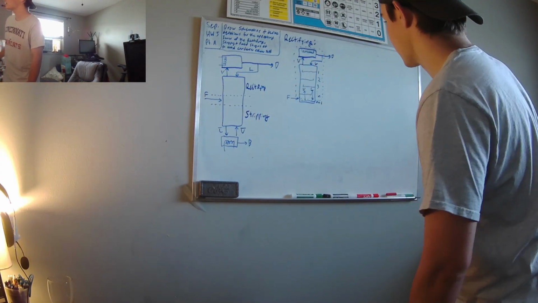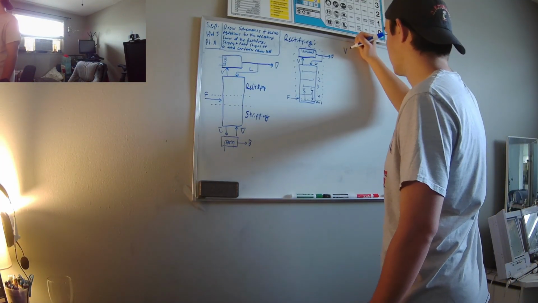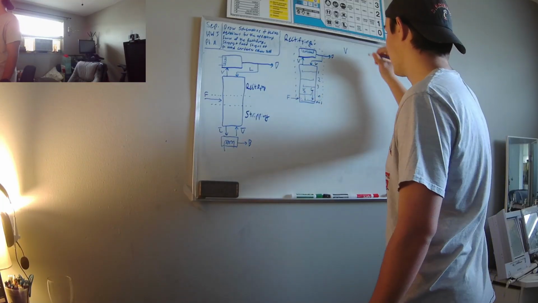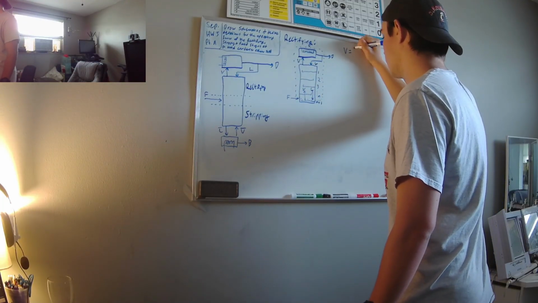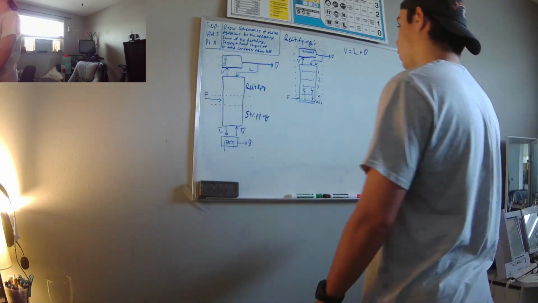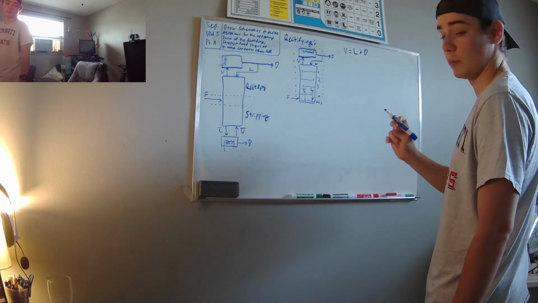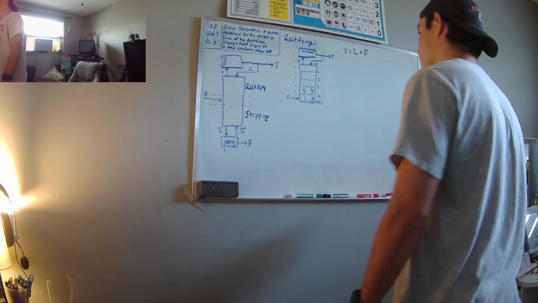And looking at this, we know that our V must equal what's coming out of here. So our V must equal our L plus D. With the boundary we've drawn, only our distillate flow and our liquid flow are coming out, and only our vapor flow is coming into the system.